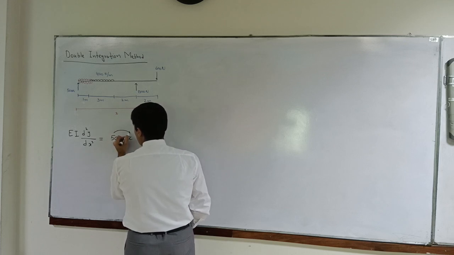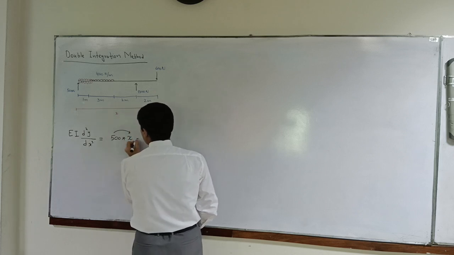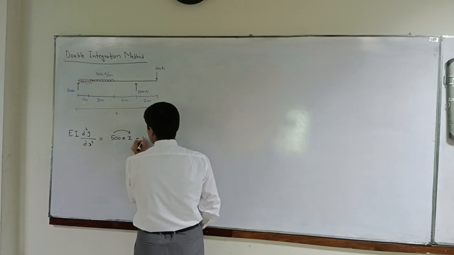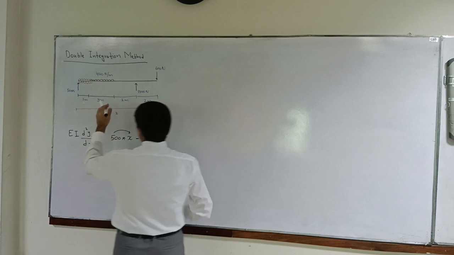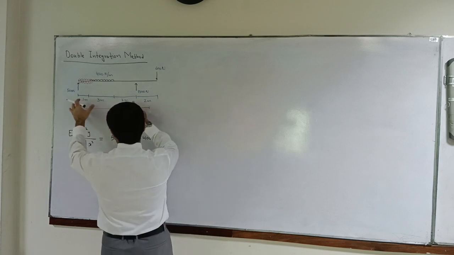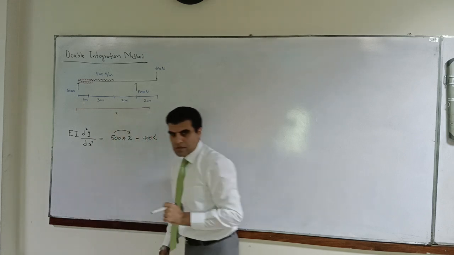x plus 400 minus 400 times x minus 2.5. No, sir. 400 into 4.